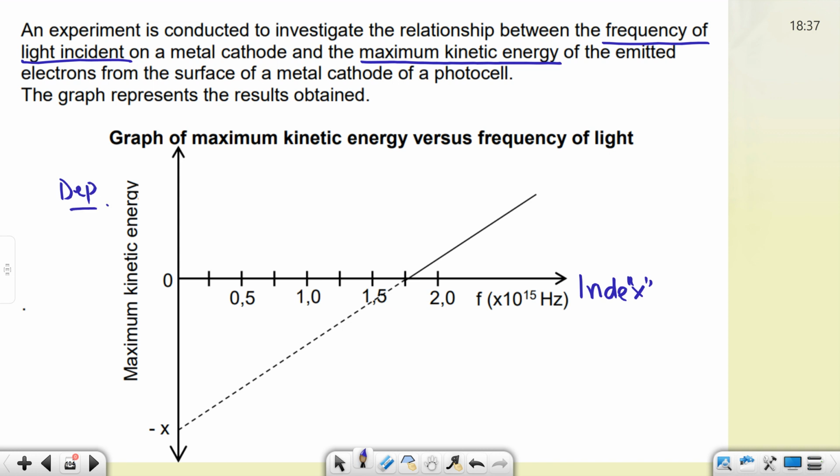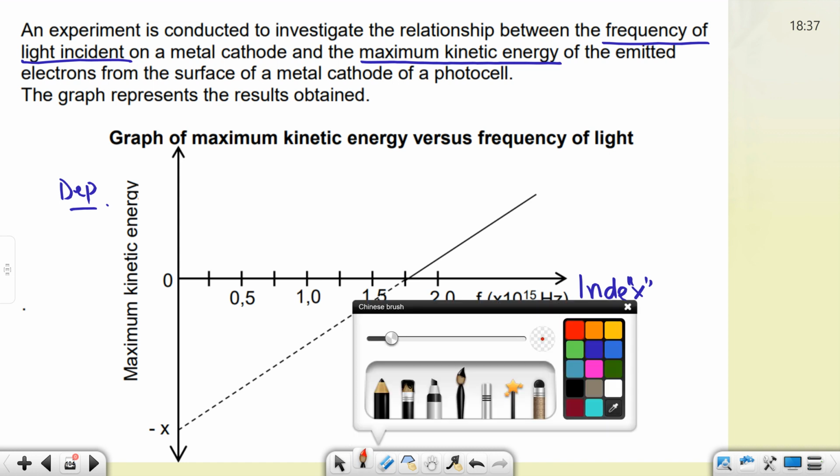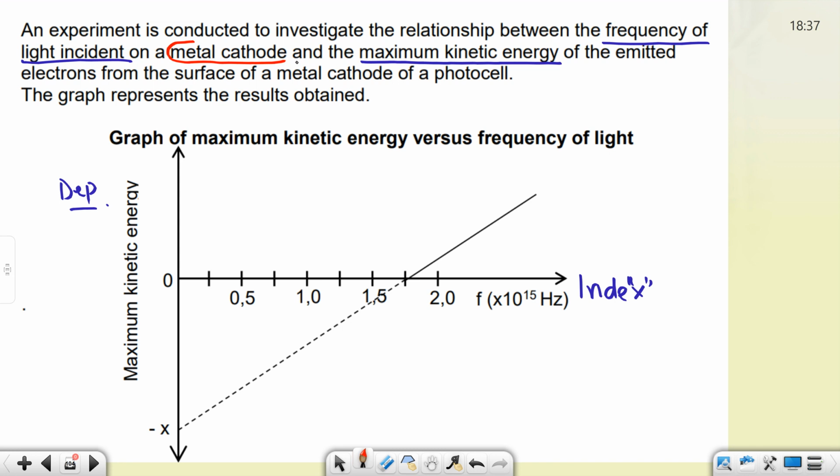All right, I'm going back to read, and I want us to get a few more concepts from here. It says an experiment is conducted to investigate the relationship between the frequency of light on a metal cathode. It means I am not changing the metal cathode.